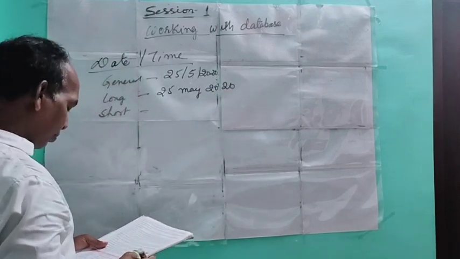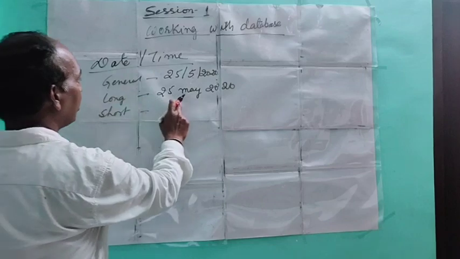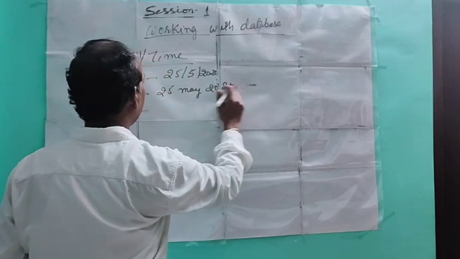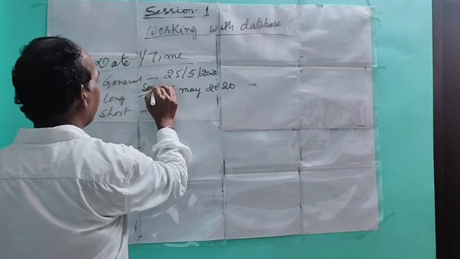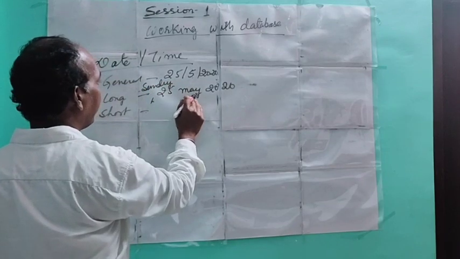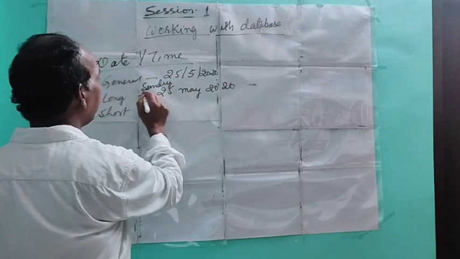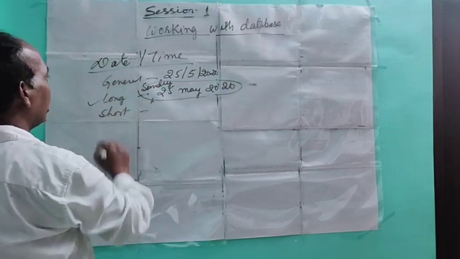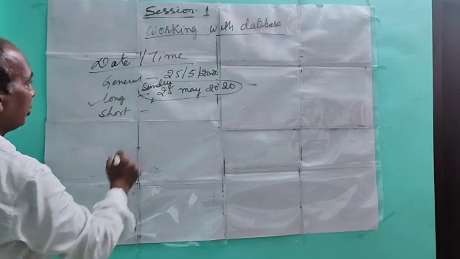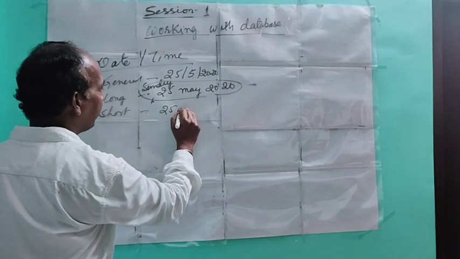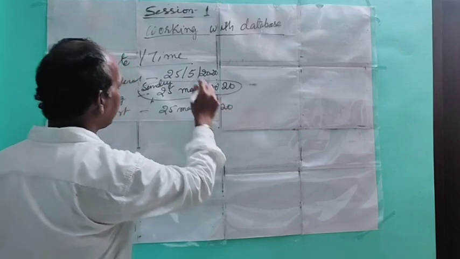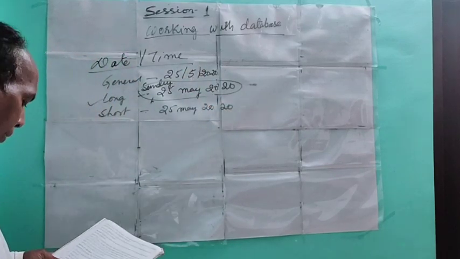Today is suppose Sunday, so we will get Sunday, 25 May 2020. This type of date will appear under long date. In short date, we get 25-May-2020. So these are the different formats of date.